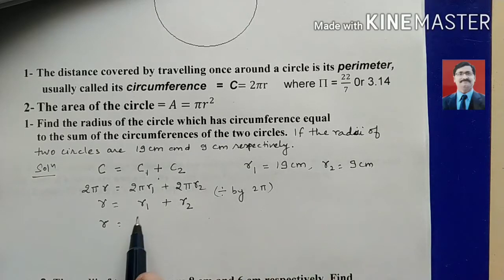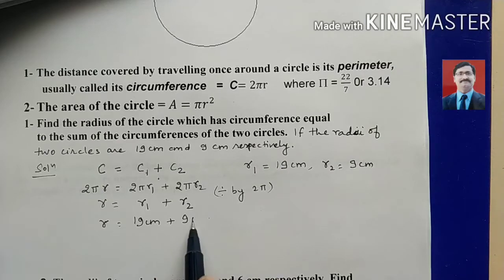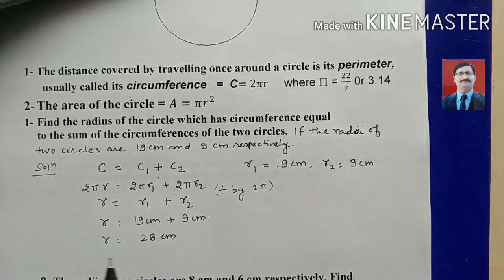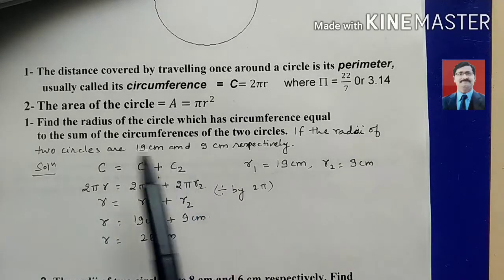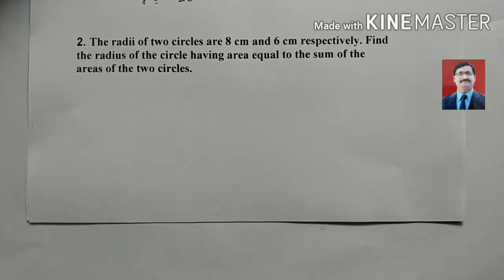Here r1 is 19 centimeter and r2 is 9 centimeter. We put these in, so r equals 28 centimeter. So the radius of the required circle is 28 centimeter.